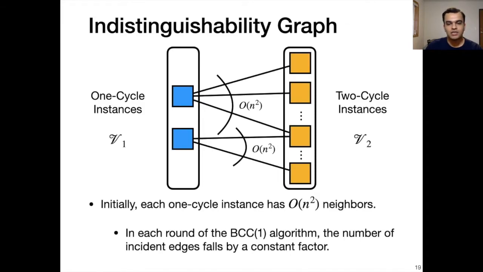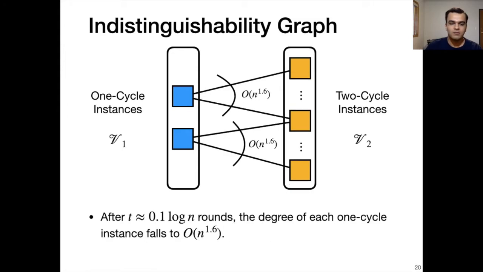Initially, each one cycle instance will have O of n squared neighbors in the indistinguishability graph. In each round of the BCC1 algorithm, the number of these incident edges falls by a constant factor, by the same argument that we used in the deterministic case.